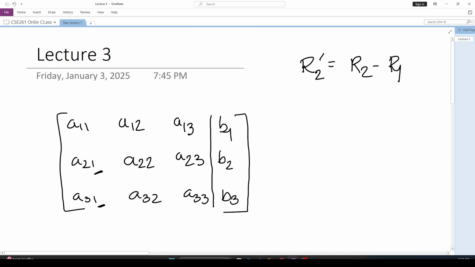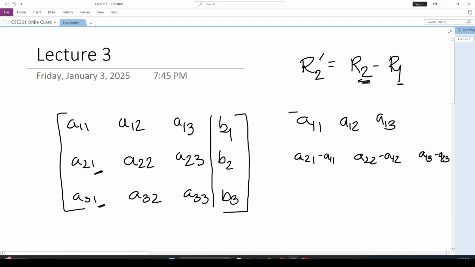What it will do is that a11, a12, a13 will remain unchanged, but in the next line, as r2 is before r1, it will do something like this: a21 minus a11, a22 minus a12, a23 minus a13, something like this.